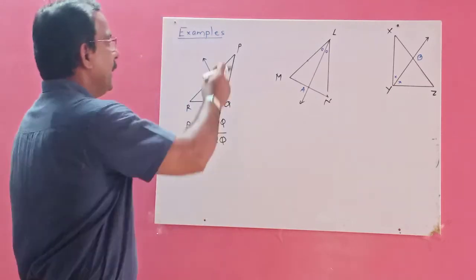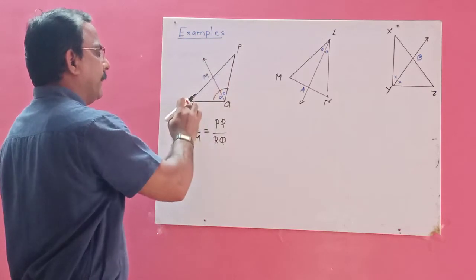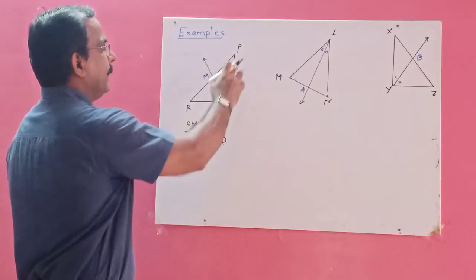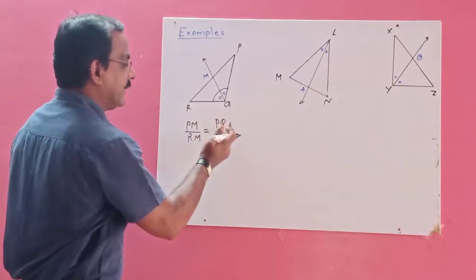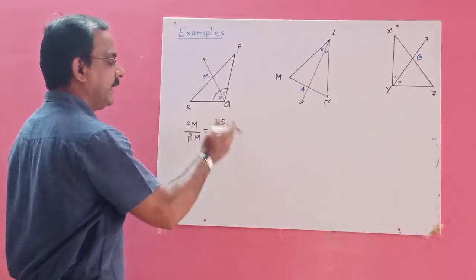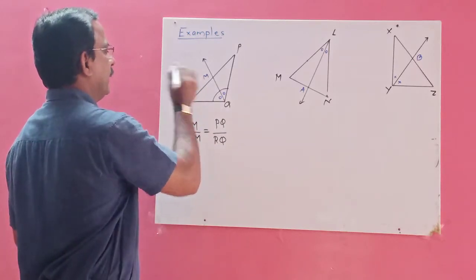That means here for this sum, PM upon MR is equal to PQ upon QR. If you have written this ratio here, that is also right. So this is the first one.